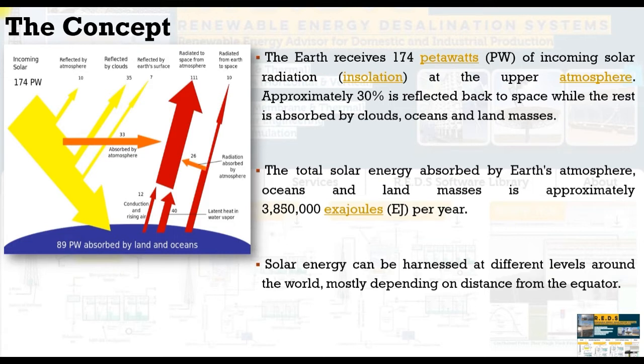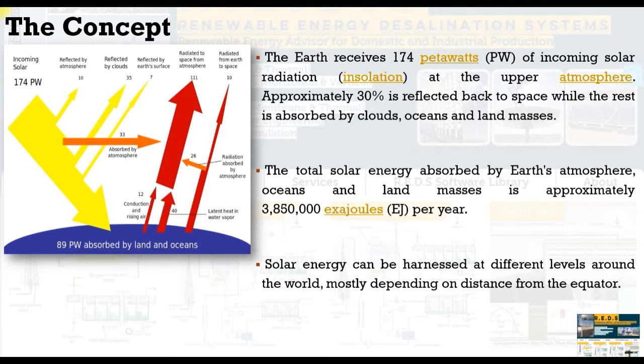Approximately 30% is reflected back to space, while the rest is absorbed by clouds, ozone, oceans, land masses, and so on. The total solar energy absorbed by Earth's atmosphere, oceans, and land masses is approximately 3 million, or nearly 4 million, exajoules per year.